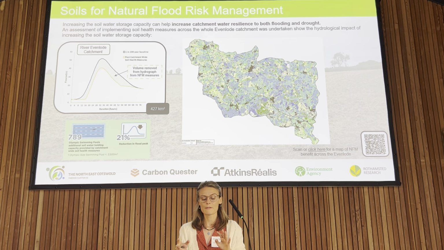So this 21% decrease of flood peak is using this really coarse data set, and it's also making quite broad assumptions in the reductions in bulk density that are being applied in the modelling.